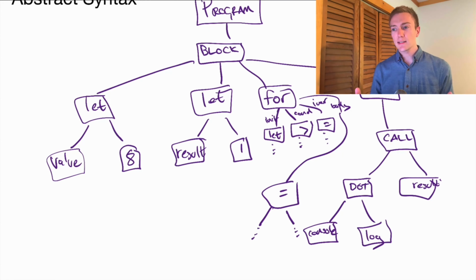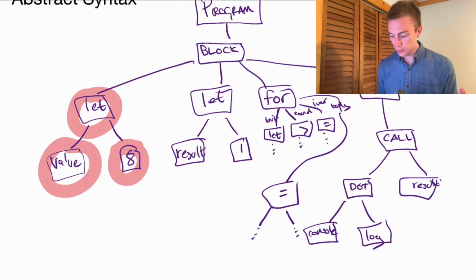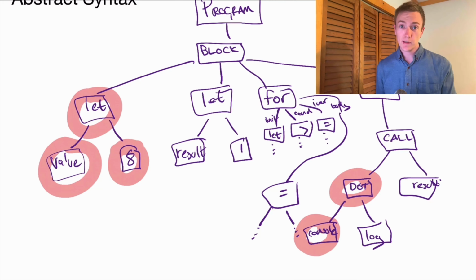And they mean very different things still from, for example, this dot expression that I put over here, where the left-hand side is the name of the variable that we're accessing, and the right-hand side is the name of the field that we're going to be looking things up in. This goes on for the for statement and the assignment statements that we see throughout the rest of this program. All these different kinds of syntax nodes have very different meanings of what their children are relative to the node.